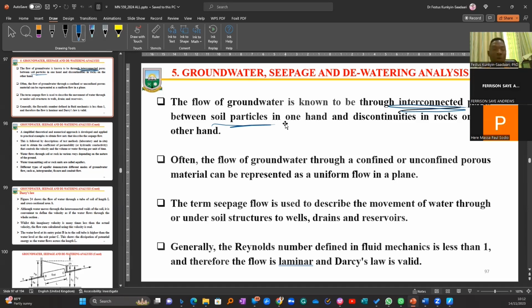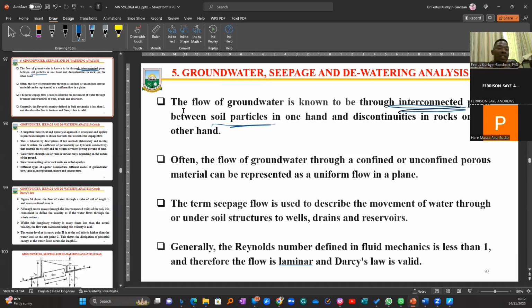Often the flow of groundwater through a confined or unconfined porous material can be represented as a uniform flow. The flow of water in soil or rock obviously cannot be like the one you see at the seashore, where there are tidal waves back and forth. No. When we are making assumptions for computations, for the flow of water through this medium, which is the soil or the rock, we are considering a laminar flow, which means the flow is stable and quite smooth.